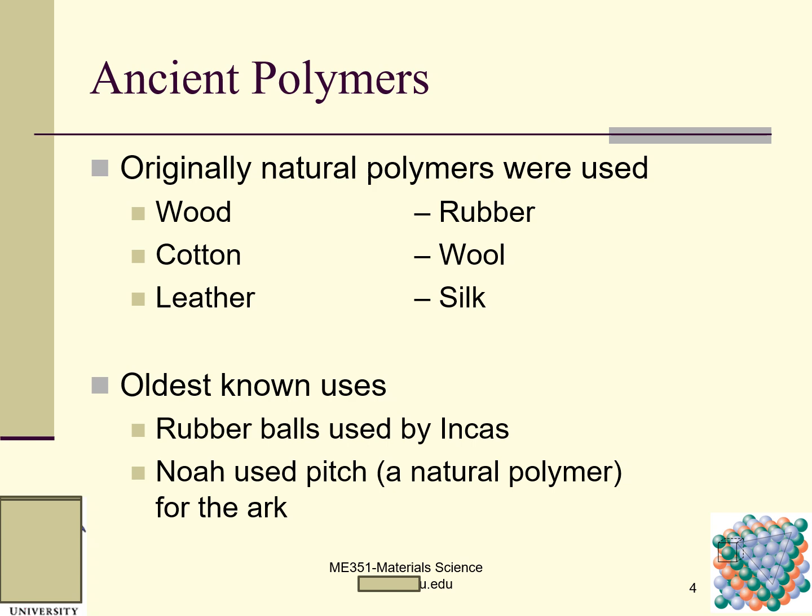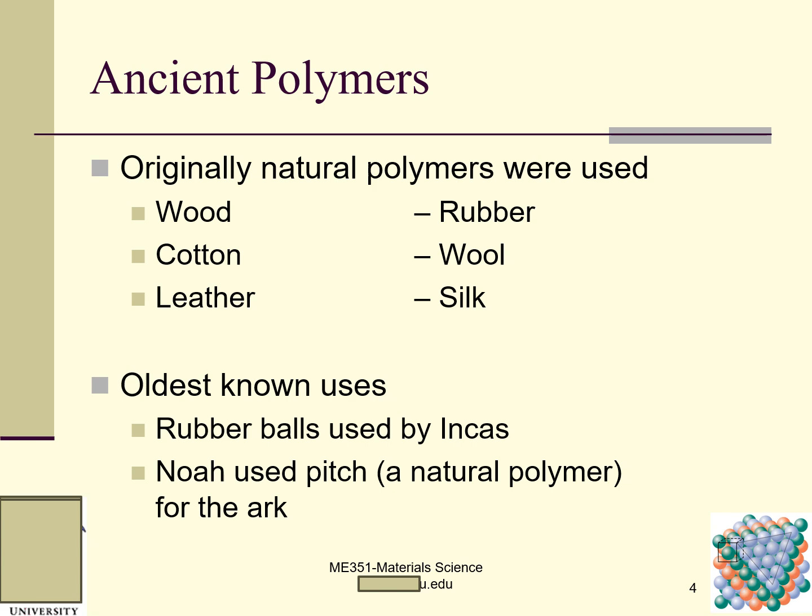Now, ancient polymers. As I said, polymers have been very important materials for human beings. Actually, it was a very long time ago that human ancestors started using these polymers.